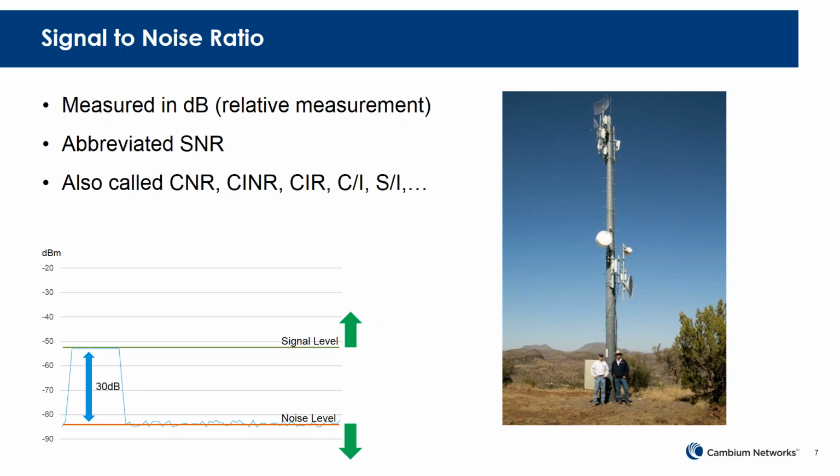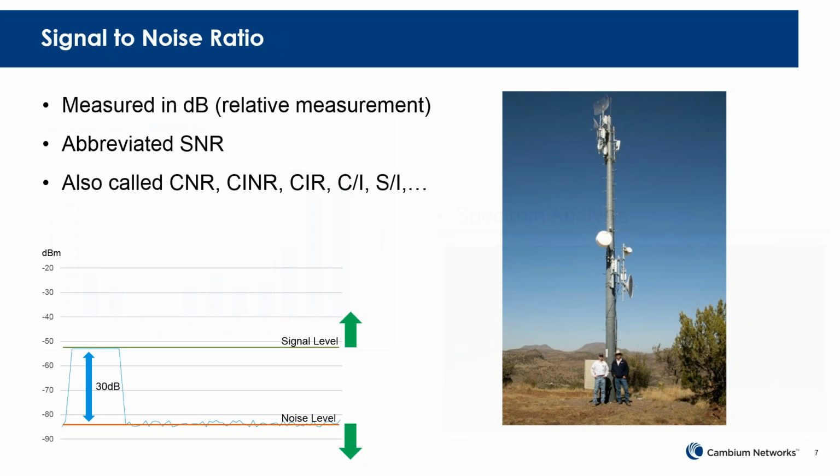But in general, the idea is that a transmitted signal is coming across louder than the environment, if you will, and that's the general idea of SNR or any of these other terms as well. So just keep that in mind. And the C there stands for carrier, so carrier to noise ratio or carrier to interference noise ratio.